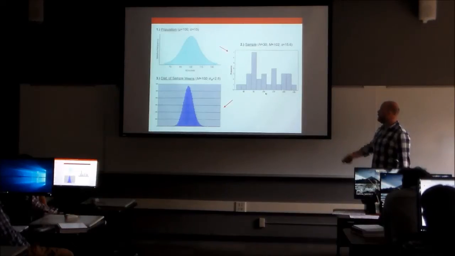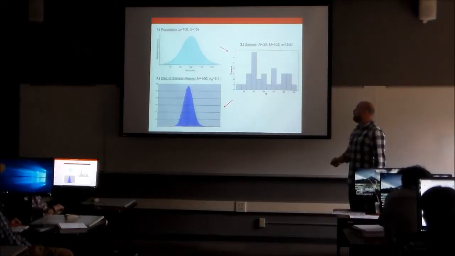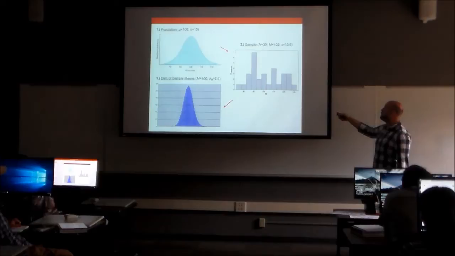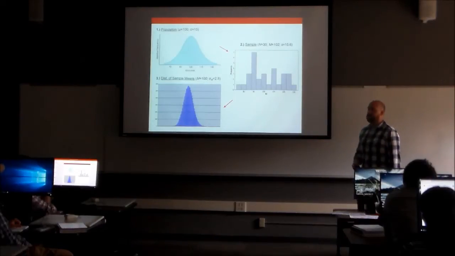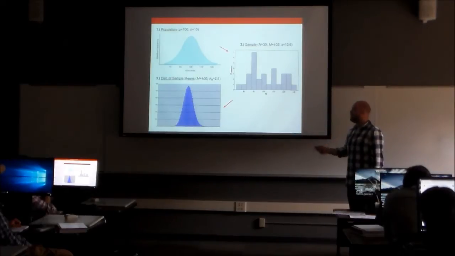Well, it looks like we managed to capture a genius or two in the whole thing. But what we get is something that at least is kind of close. We've got a mean of 102 and a standard deviation of 15.6. Our population mean is 100 and a standard deviation of 15. We actually did pretty nice. We did a nice job with that, right?